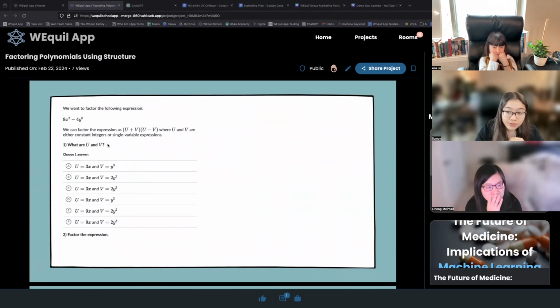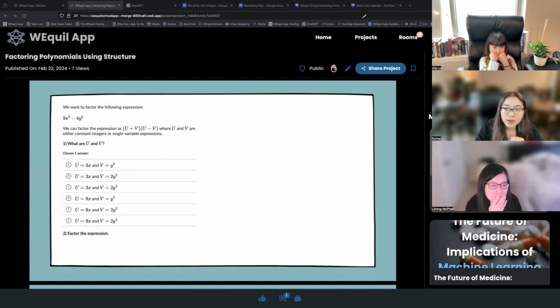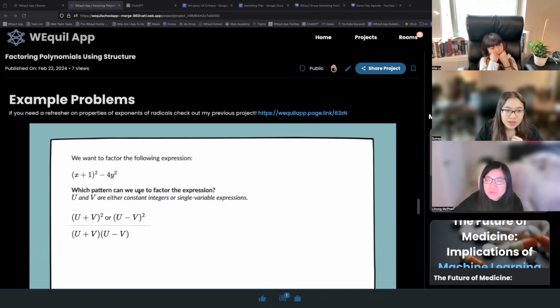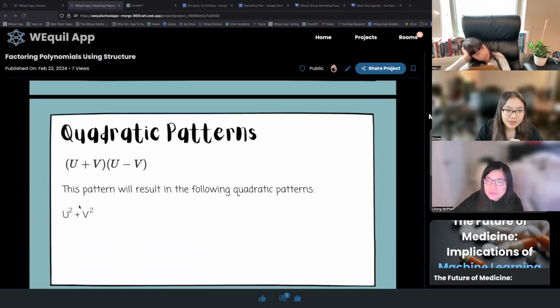What are u and v, right? The way we can do this is by thinking, because we have this plus v and minus v, it's canceling the middle part out, just like we see up here, right? It's canceling this middle part out.